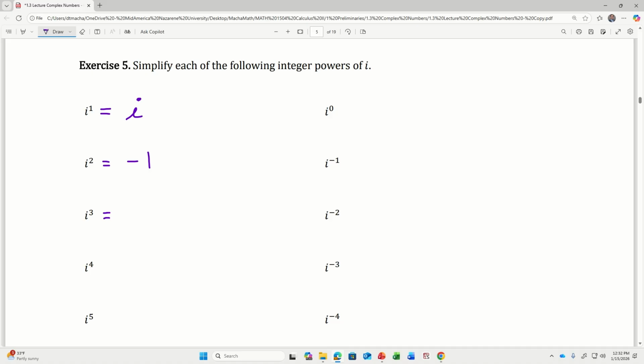What's i to the 3 power? Negative i. Yeah. Right, because that's i squared times i. So it's negative 1 times i. So it's negative i. What's i to the 4th power?